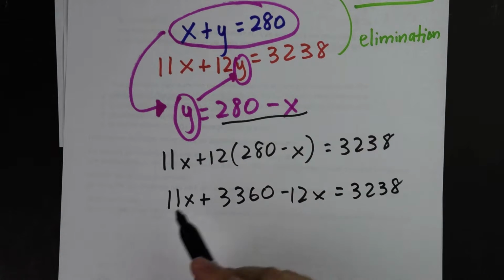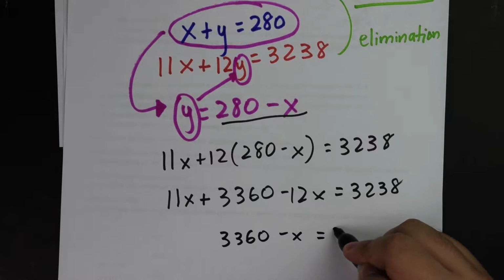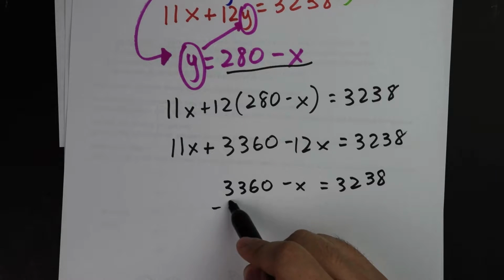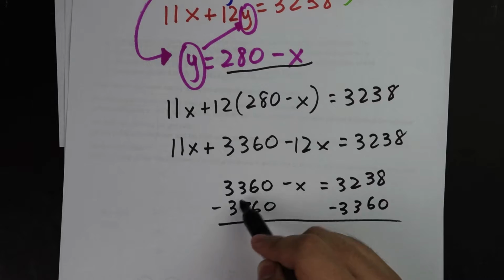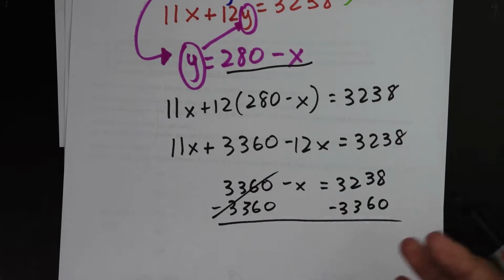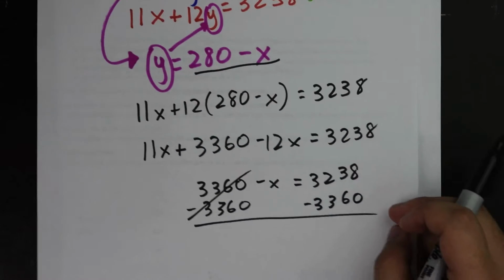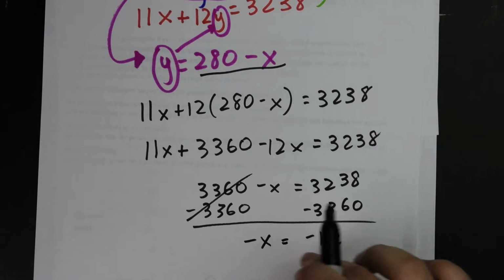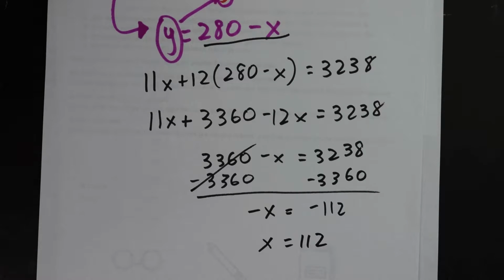Afterwards, I could combine like terms, and this would be 3360 minus x equals 3238. Then I subtracted 3360 from both sides, and this cancels out because it's the same value subtracted off each other. Down here, I got negative 112 equals negative x. But because both sides are negative, it's the same thing, canceling out the negatives completely, and thus x equals 112.